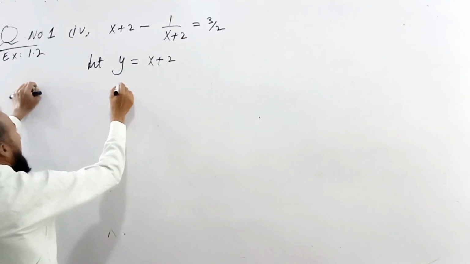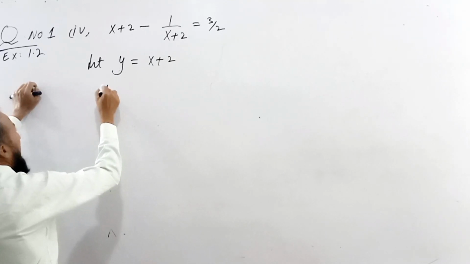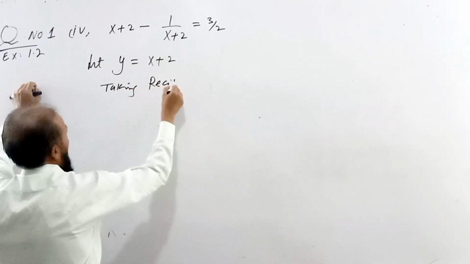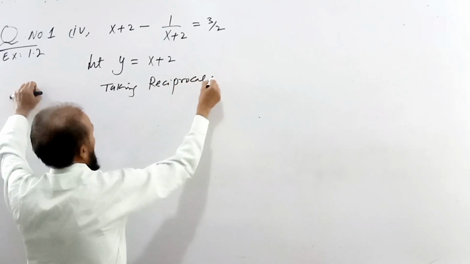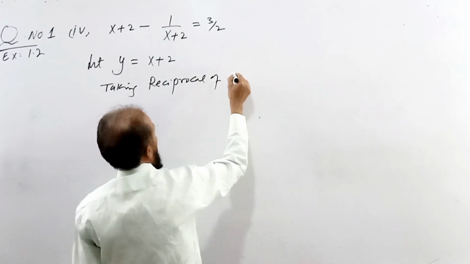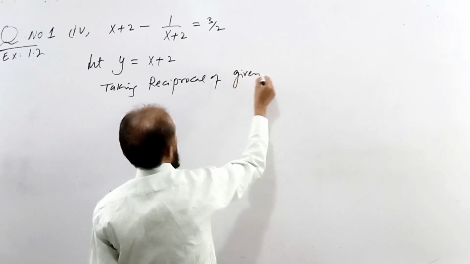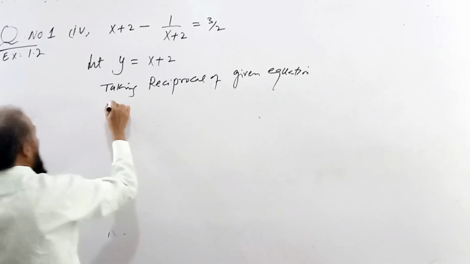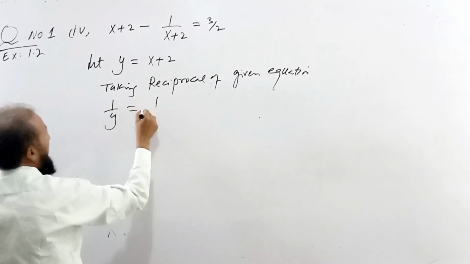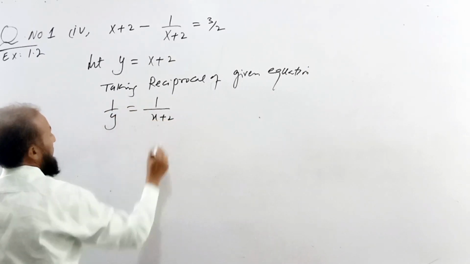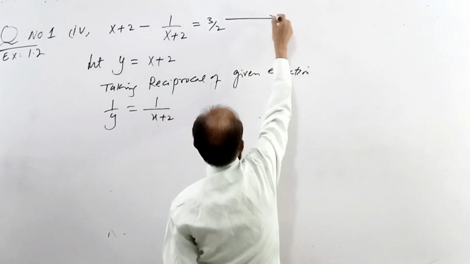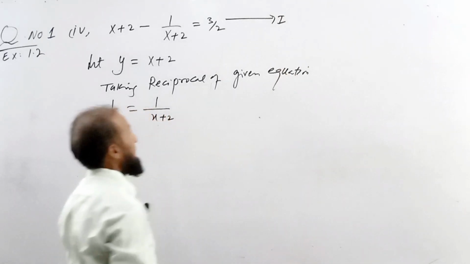It means that we can write, taking reciprocal of the given equation, 1 over y is equal to 1 over x plus 2, and also give equation number first.